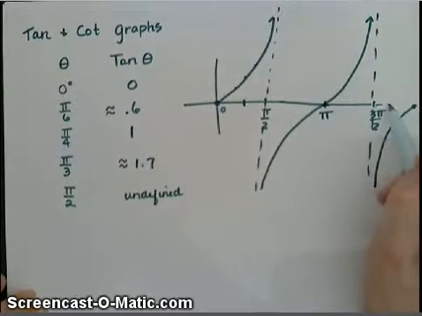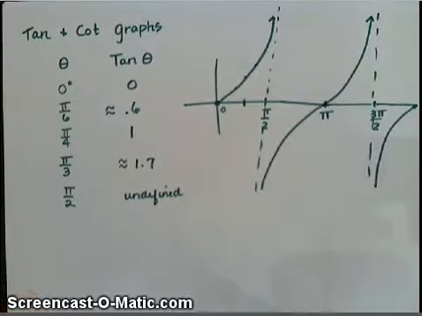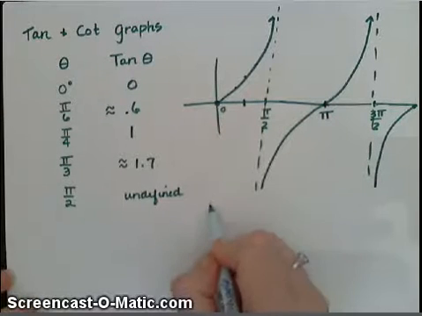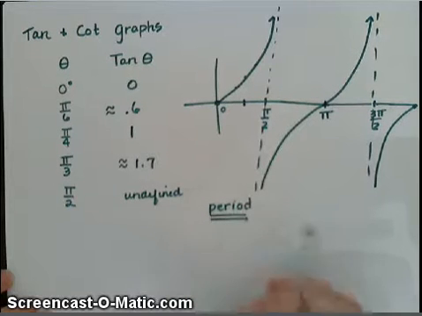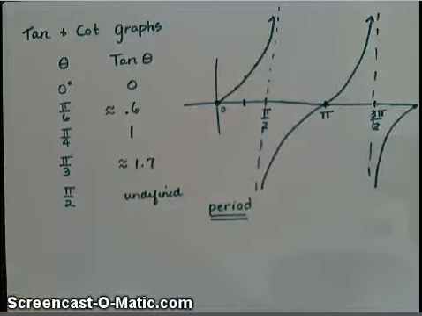Now, the reason I just sketched out this graph before we started is because let's talk about the idea of the period. We've talked about functions. Trig functions are periodic. That is, they repeat themselves.